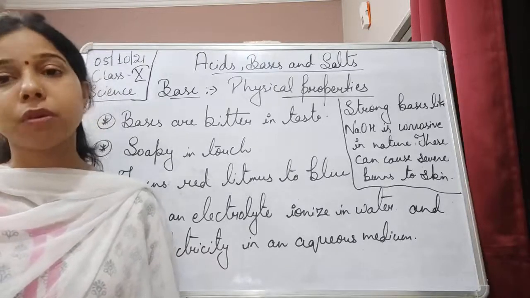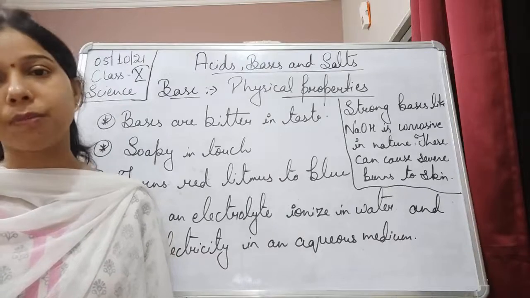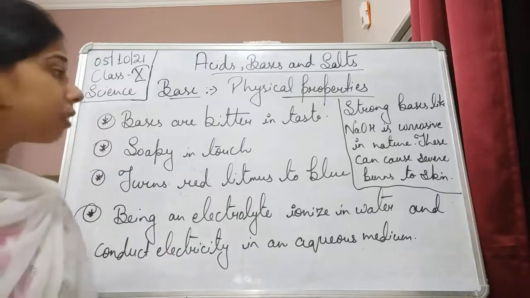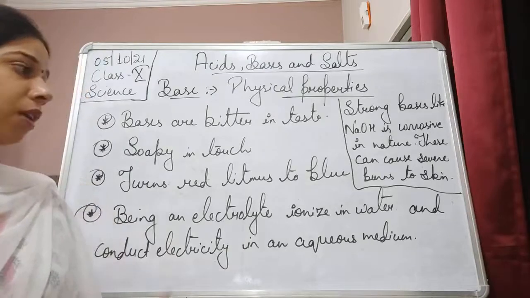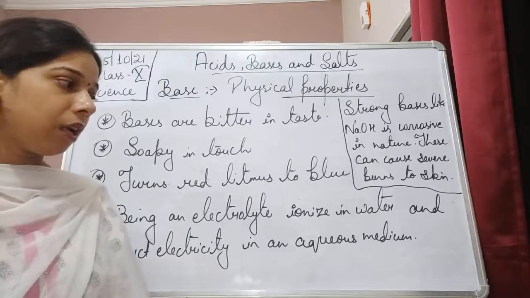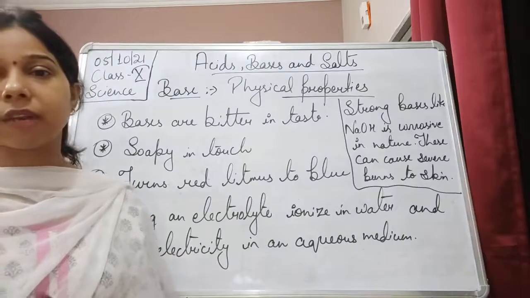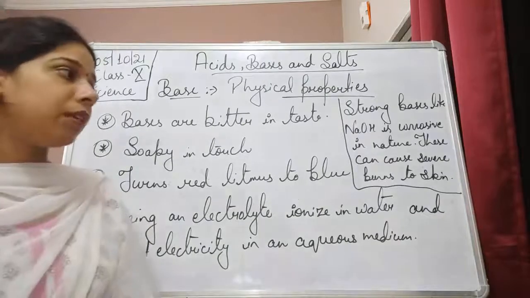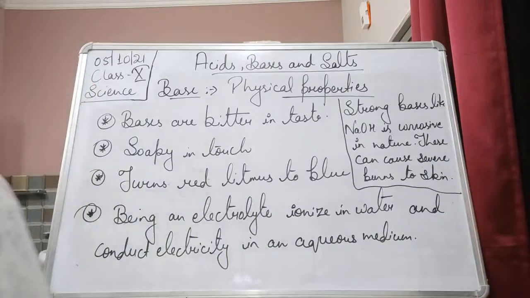These are some of the physical properties of the bases, students: it is bitter in taste, soapy in touch, turns litmus paper or solution to blue, and is an electrolyte, so it is a good conductor that helps in the conduction of electricity. Then it is corrosive in nature and can cause severe burns.